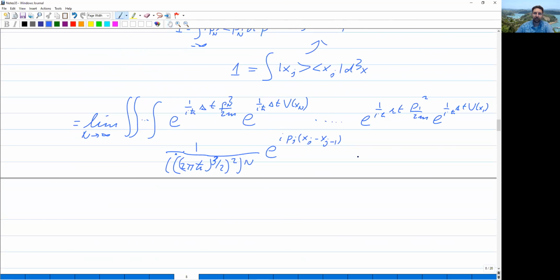We should not forget that we have d³x1 all the way to d³xn and d³p1 to d³pn, because we inserted so many resolutions of the identity.